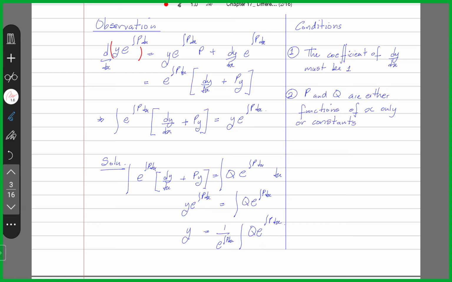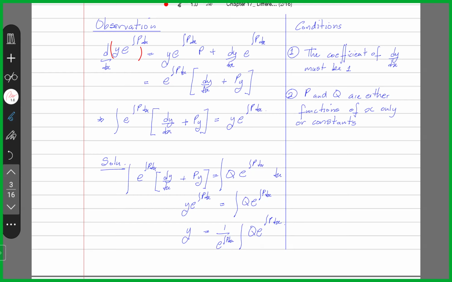It means therefore, since when I differentiate y e to the integral of p dx, I'm going to end up with e to the p dx, and in bracket dy by dx plus py, that if I integrate that, I'm going to get back y e to the integral of p dx.